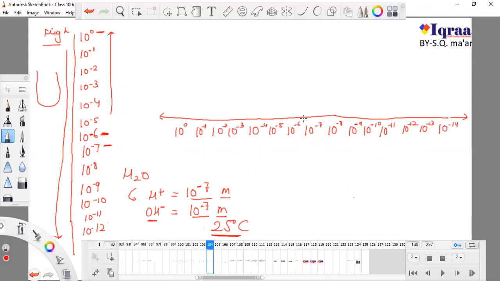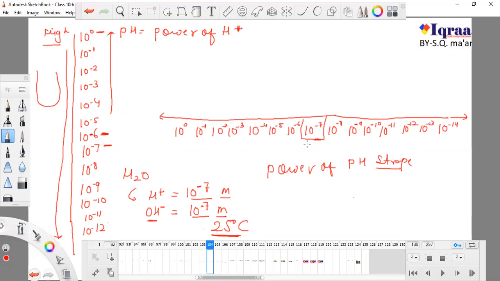Now this is 10 to the power 7. Okay, and we are studying something that is pH, that is power of H plus. So this step is known as power of pH step, or line power of pH.